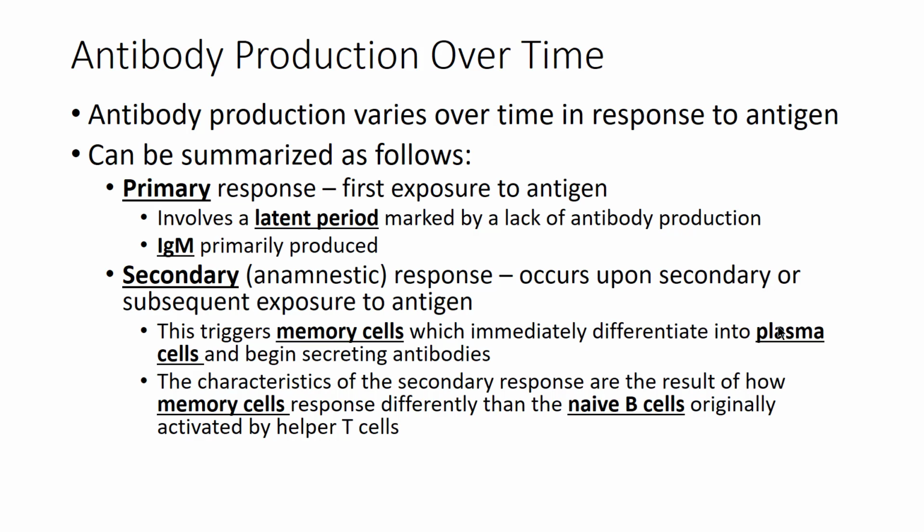Also, memory cells are different in the way they respond than the naive B cells that are initially activated. And so there's additional features that we'll get to here in a second, comparing the two types of response. But the big difference between a primary and a secondary response is that there's no latent period because the memory cells are activated directly and don't require antigen presentation.